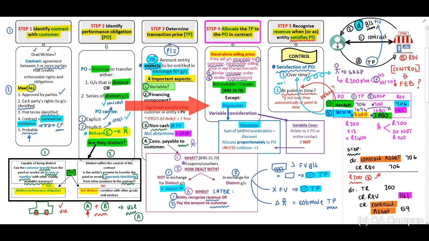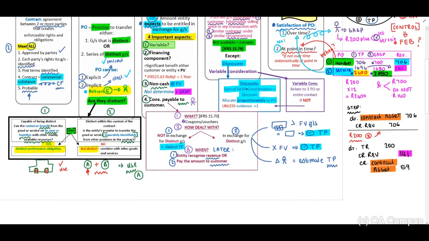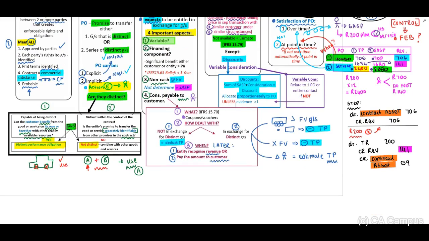Now, when the sum of our standalone selling prices exceeds our consideration, that portion will be our discount, and we need to allocate this proportionally to our performance obligations. Now, let's have a look at a very basic example. If our performance obligations consisted of 3, one product sold for 8,000, the second product for 2,000, and our third product for a value of 3,000.